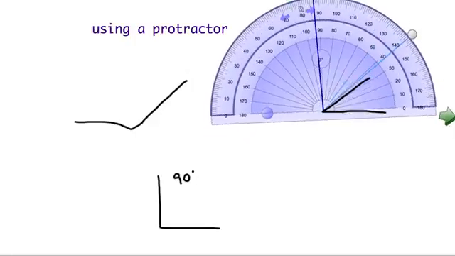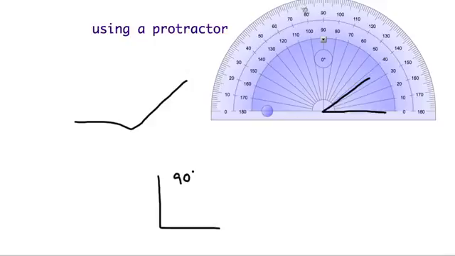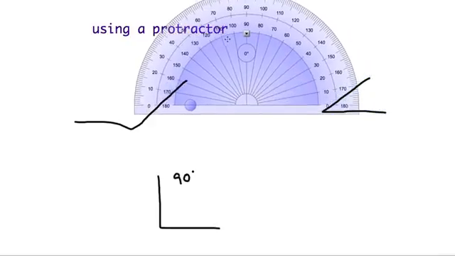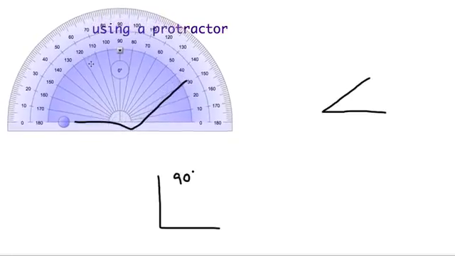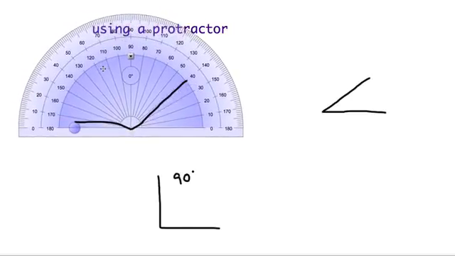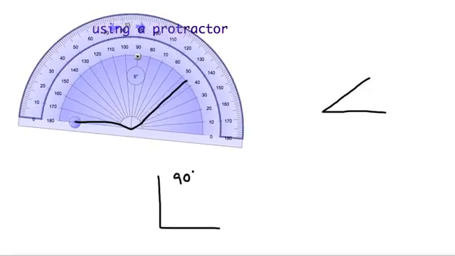So if I move my protractor and try to get it on the base, right at the vertex, kind of as best as I can, pretending I had a nice straight line.